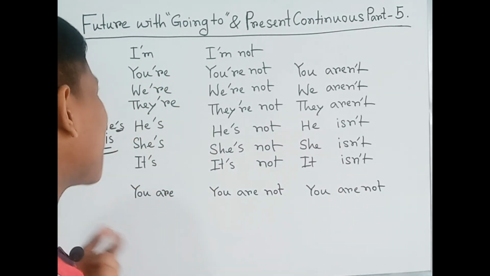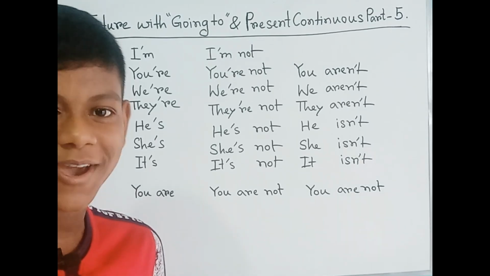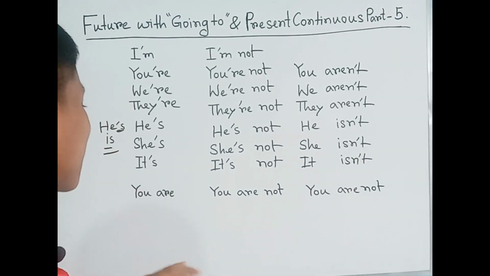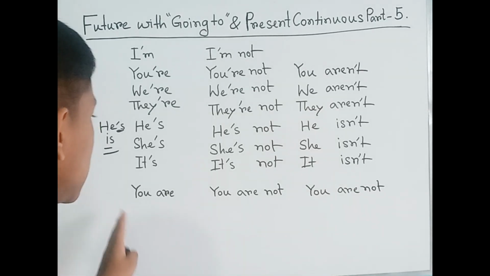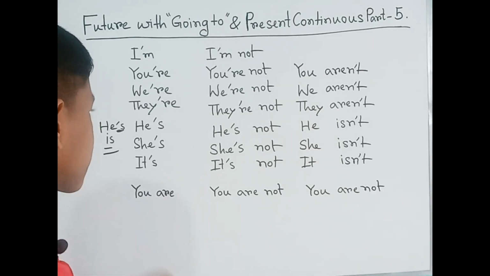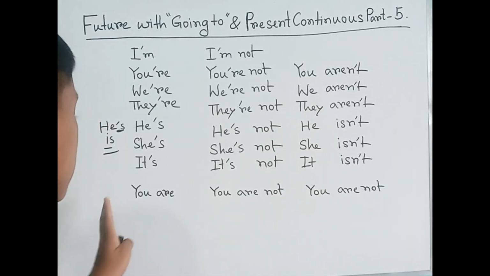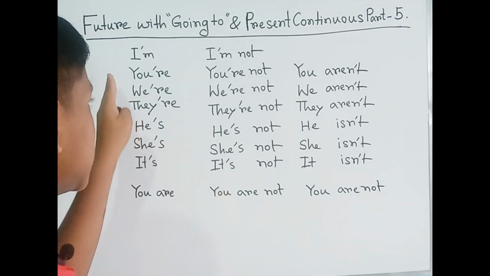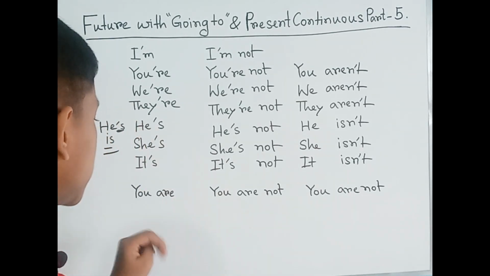Now we have already understood this. I hope that you have understood. So these are the main rules, and same here, I have written this. Now look at the "you are". During the "you are" in the positive, what do you need to do?